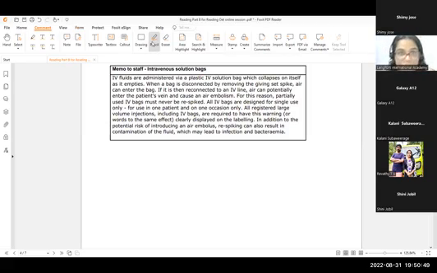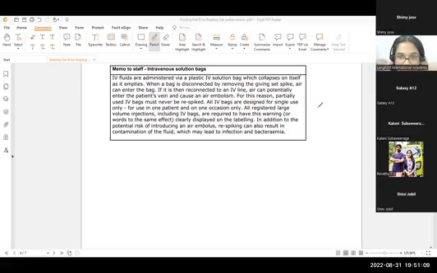All of you are very much aware of this. When the IV bag is finished, what happens? It shrinks, right? It collapses on itself as it empties. Next sentence, Jasmine. When a bag is disconnected by removing the giving set spike, air can enter the bag.